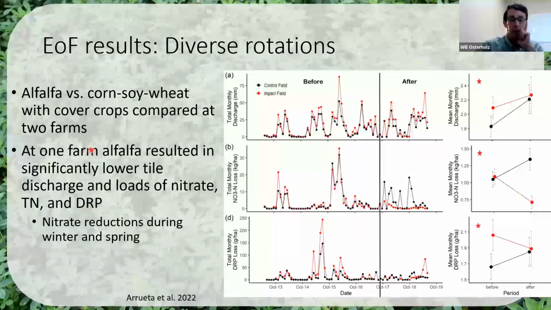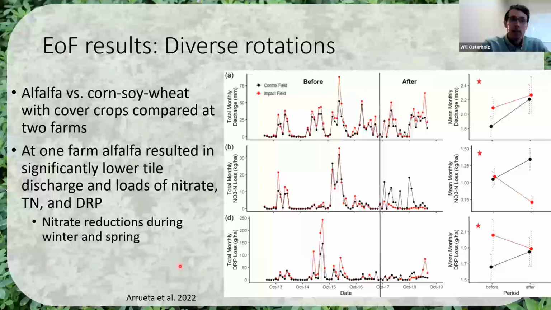We wish we had more, and we're working on that. But what we can tell you is there's been one study led by Lourdes Arueta, who is a graduate student at Ohio State. And she looked at comparing alfalfa in a rotation to an annual crop rotation. So comparing a perennial to an annual rotation.